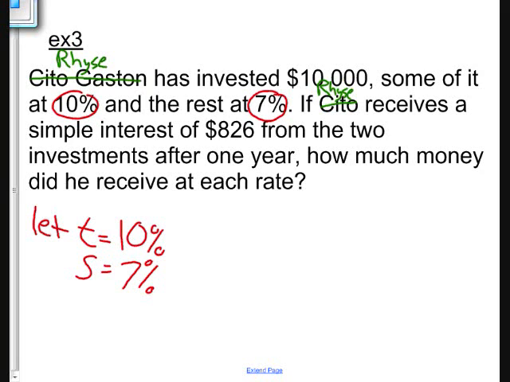So, if he has invested $10,000, some of this at 10%, or T, and some of this at 7%, how would we write the equation for all the money? Yeah, exactly. So we have T, the money at 10%, plus S, the money at 7%, equals $10,000.